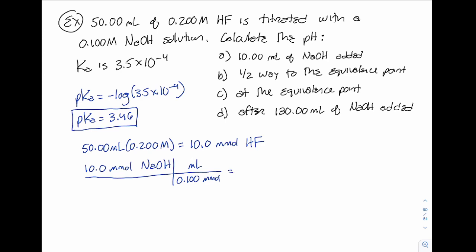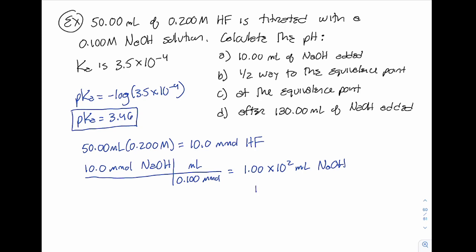So I'm actually going to need 100. I have 3 sig figs here, so I am going to have to write this in scientific notation: 1.00 times 10 to the second milliliters of sodium hydroxide.